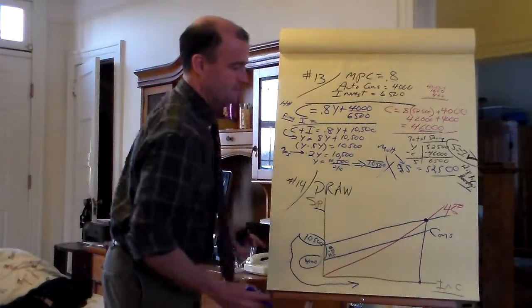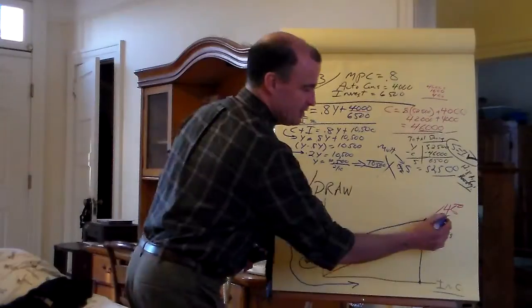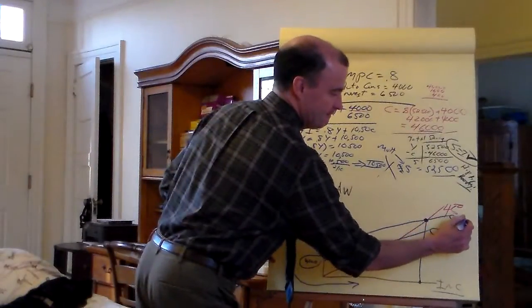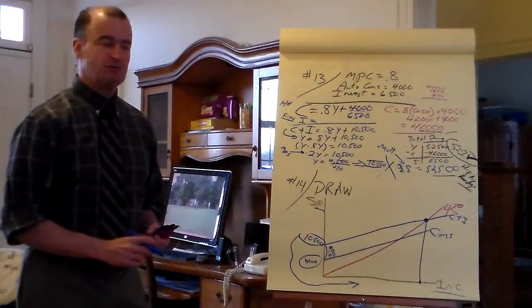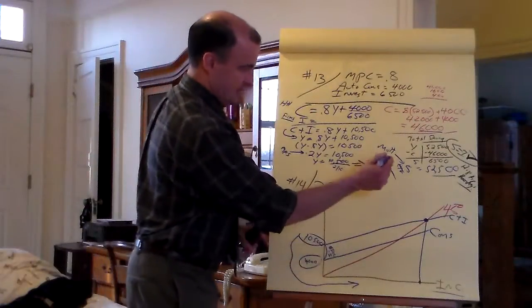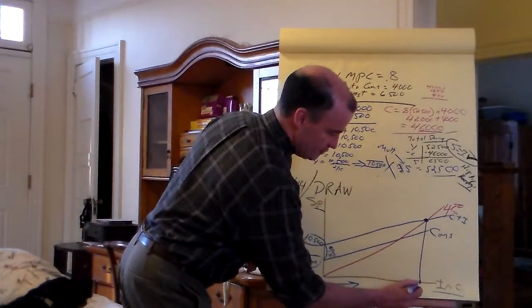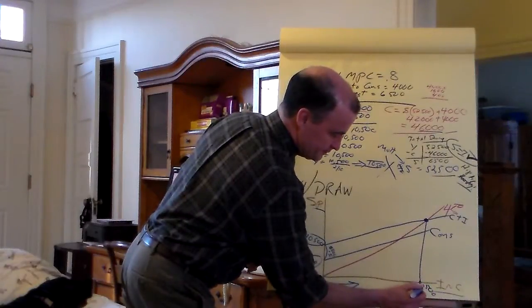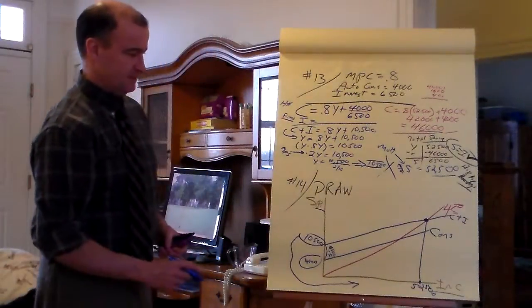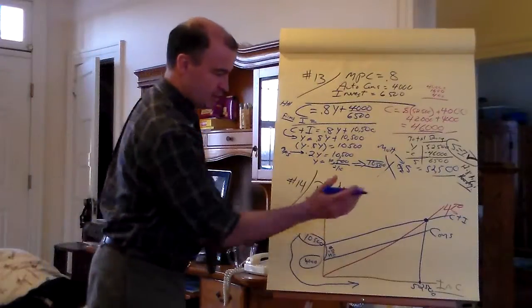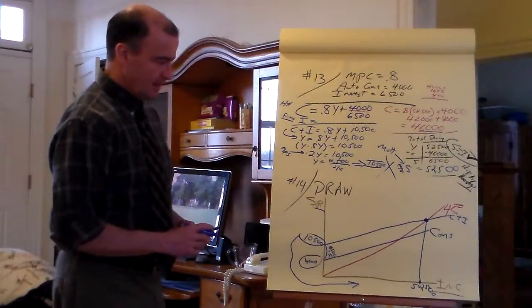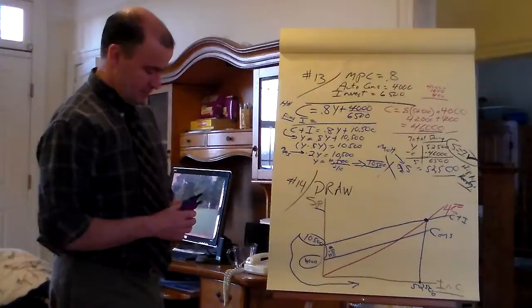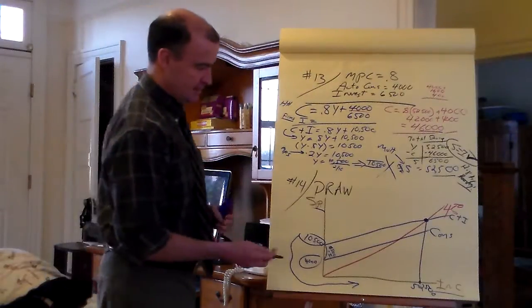There's the spot where the C plus I line intersects the 45-degree line. That's where I place 52,500. I'm pretty sure the camera catches all that.